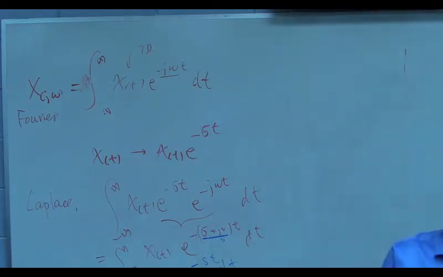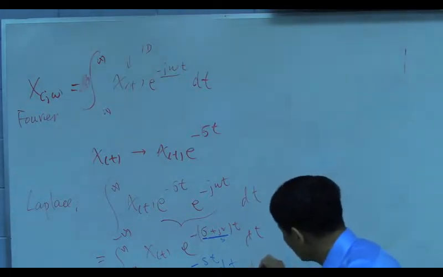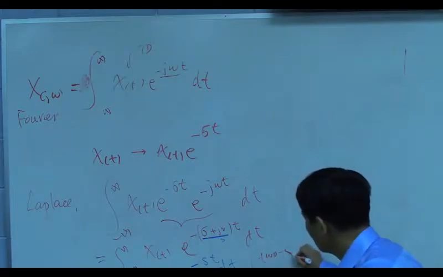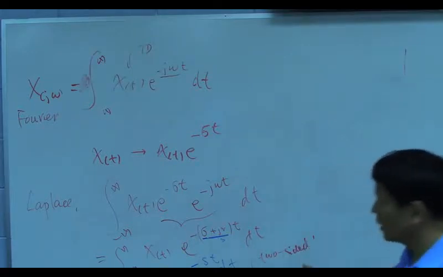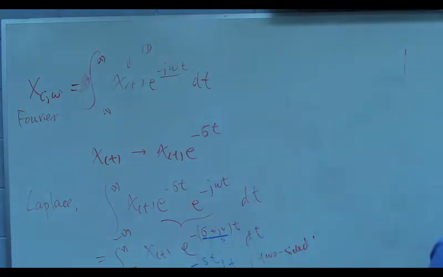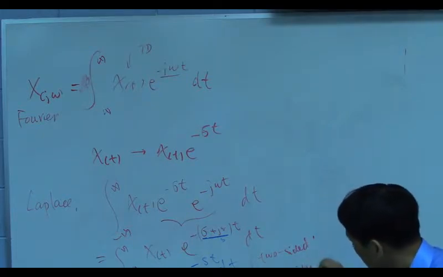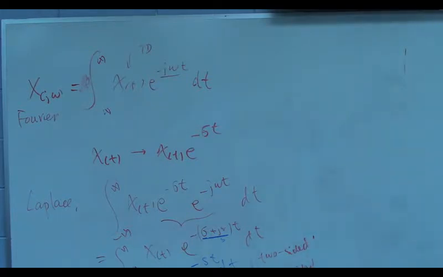We have two definitions, two types of Laplace transform. This is called two-sided. Why is it called two-sided? Because we do the integral from negative infinity to positive infinity. Or we can define a one-sided. What is one-sided? Only one side.